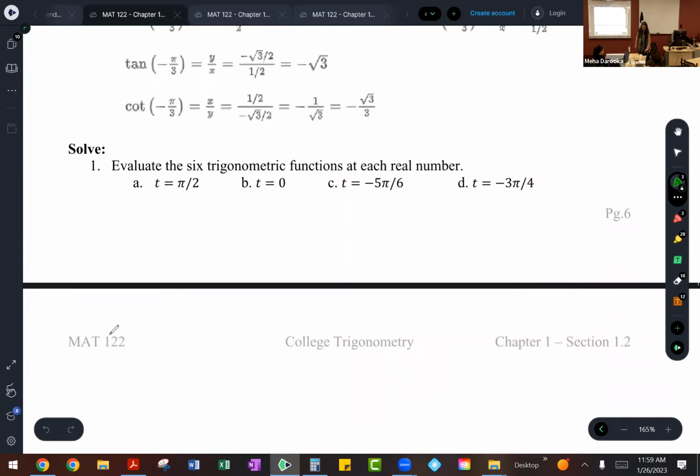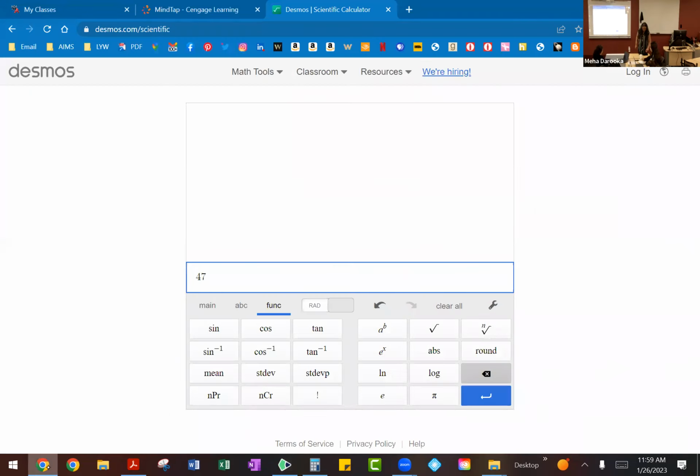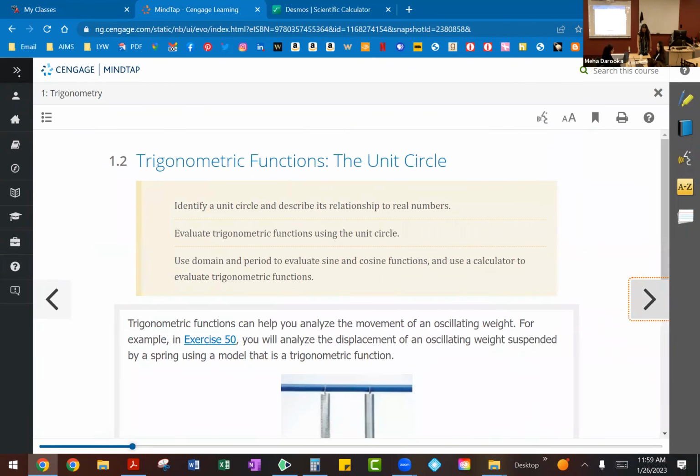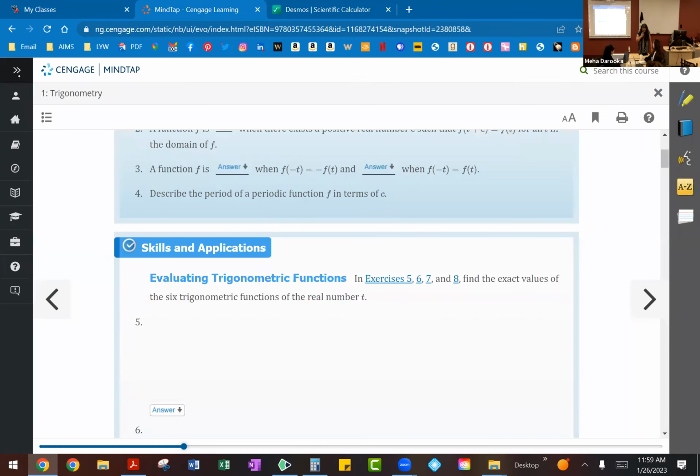So let's pick some examples here because without practice, none of this is going to make sense. Let's see if I can get something from our text. There we go.